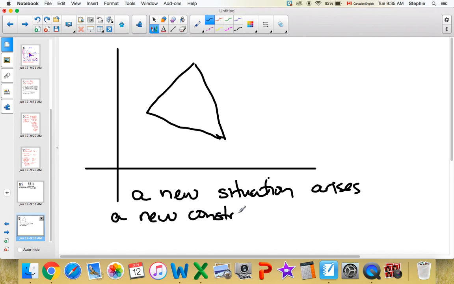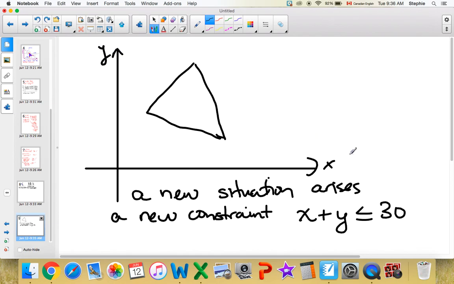And it might be something like, I don't know, now the maximum amount of hours is 30 hours. So you write something like this, if this represented hours and that represented type of hours, like, I don't know, working at the drugstore versus working at the garage.